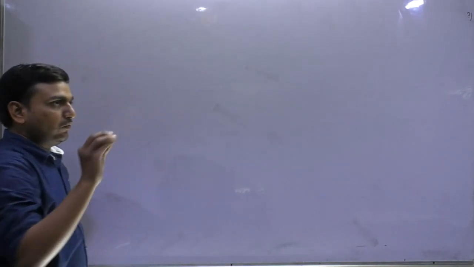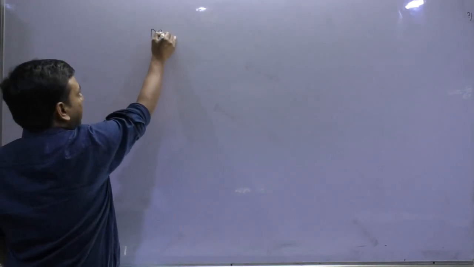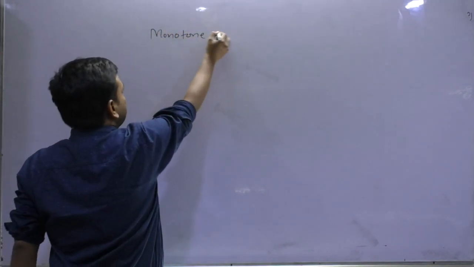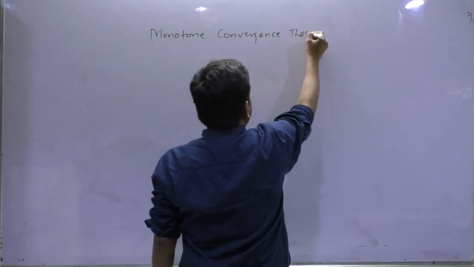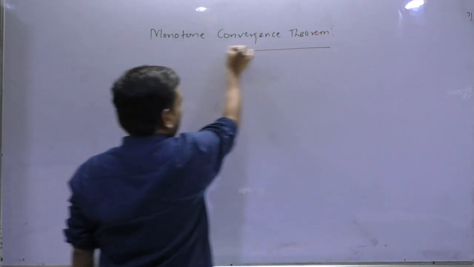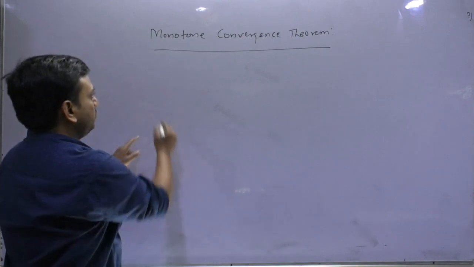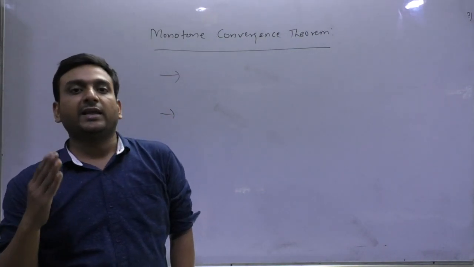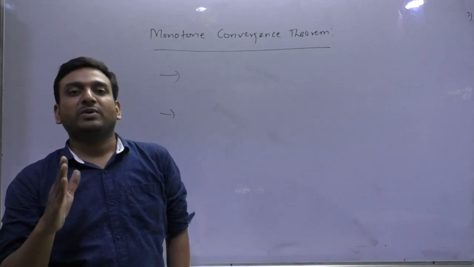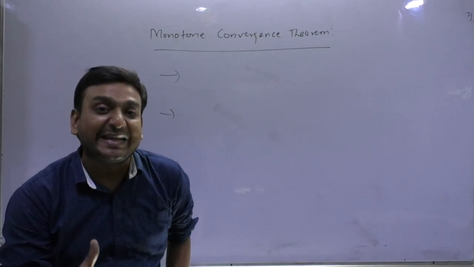Here, what I say is, I should know what the monotone convergence theorem is. Okay? So you may have two cases, right? A sequence may be monotonically increasing, a sequence may be monotonically decreasing.